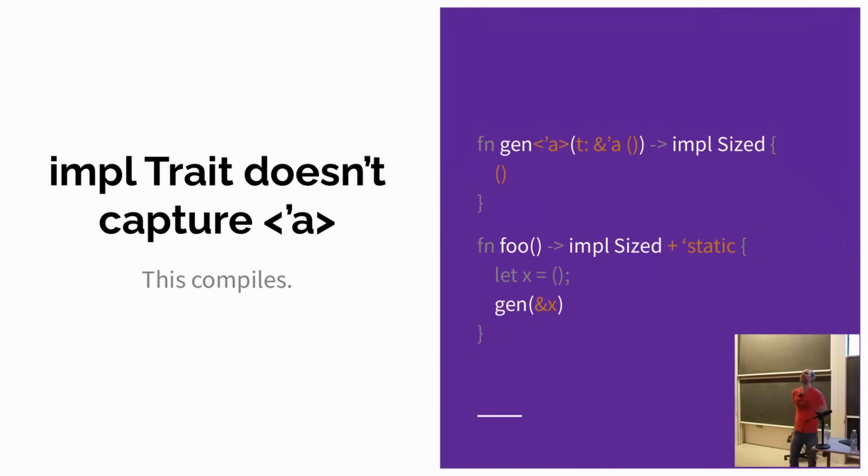So if the function gen here is defined in one trait that foo depends on, and the crate gen upgrades to edition 2024, that will be a breaking change. Wait, so you're saying if gen upgrades or if foo upgrades?